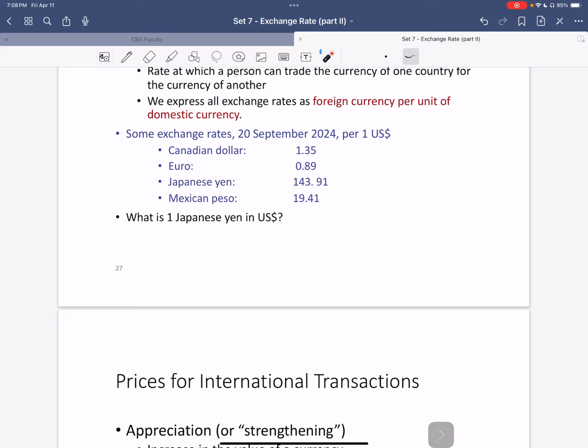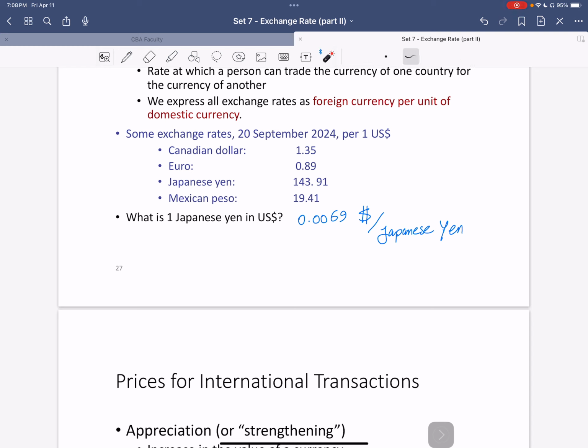Does that make sense? So the answer for this will be 0.0069 dollars per Japanese yen.